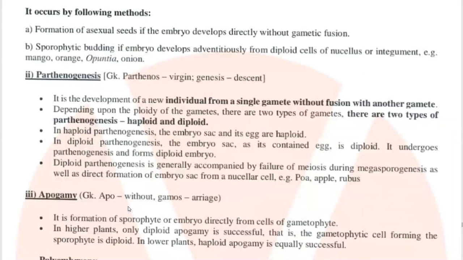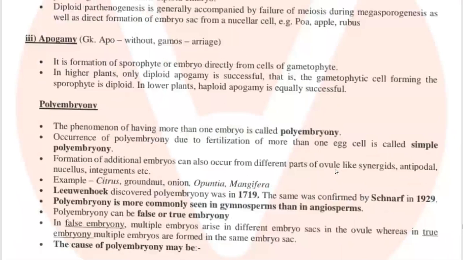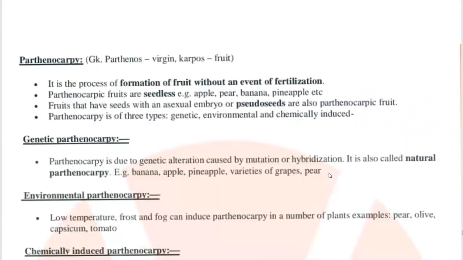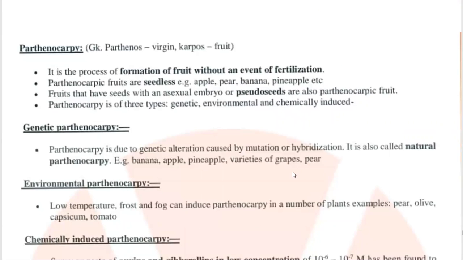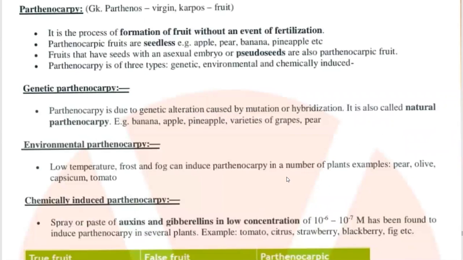Then parthenogenesis, which is an individual from a single gamete without fusion with another gamete. Then polyembryony. Parthenocarpy is formation of fruit without an event of fertilization.